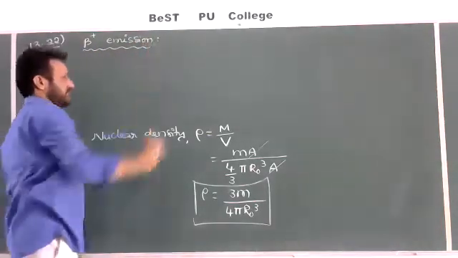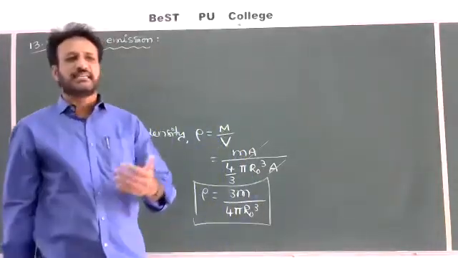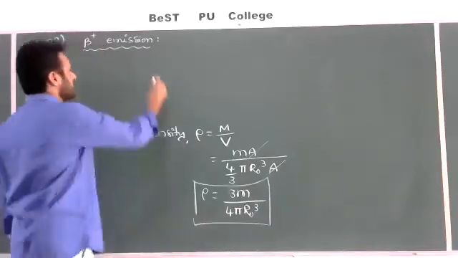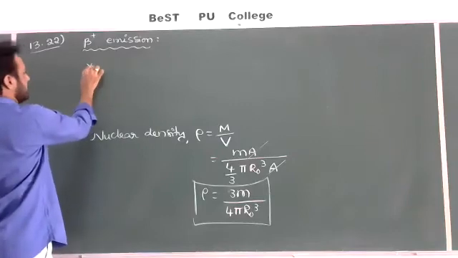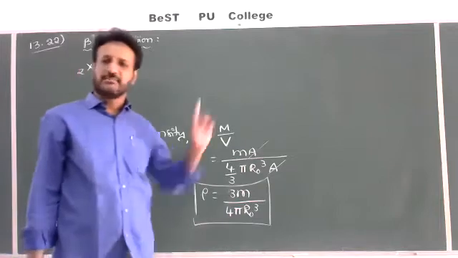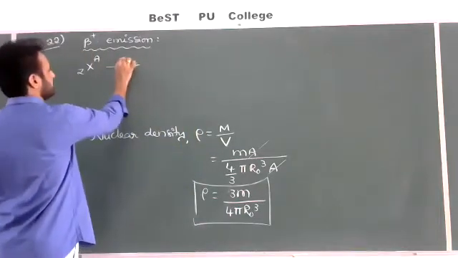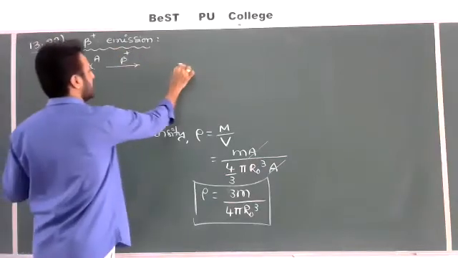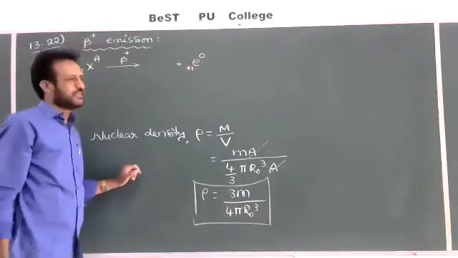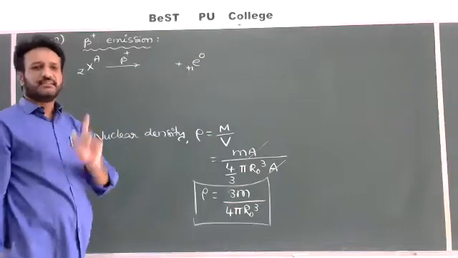For beta plus emission, I take a nucleus X with atomic number Z and mass number A. It emits one beta plus particle, the positron, written e with charge plus 1 and mass number 0.